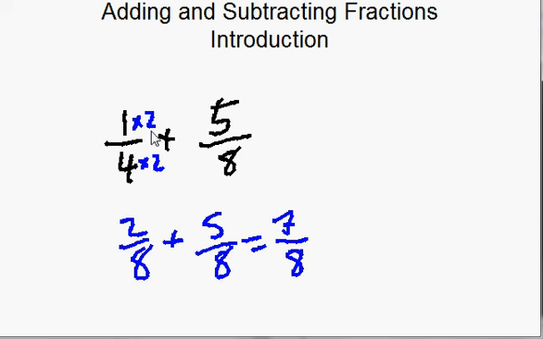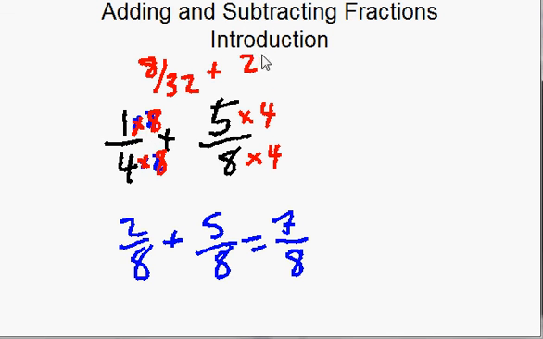Let's try it the other way, where instead I multiply on the left top and bottom by 8, 8 and 8, and on the right I multiply by 4, using that rule that we just discussed. So in that case, I end up with 8 over 32 plus 20 over 32, which is 28 over 32.